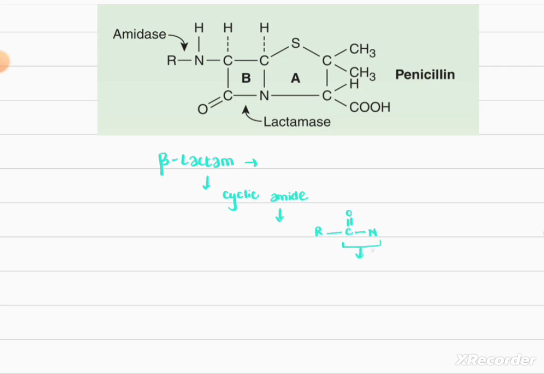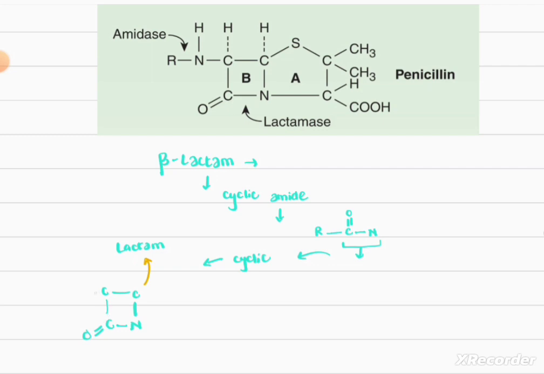Now if this amide structure is in a cyclic form, it makes a lactam, which means that if we put this amide group in a cyclic compound, it becomes a lactam. So this is a lactam.